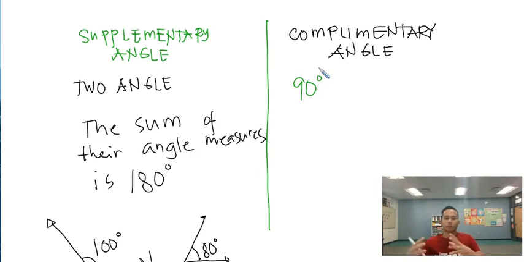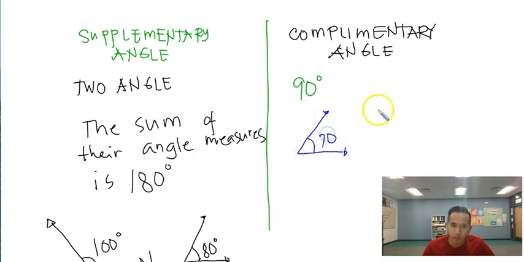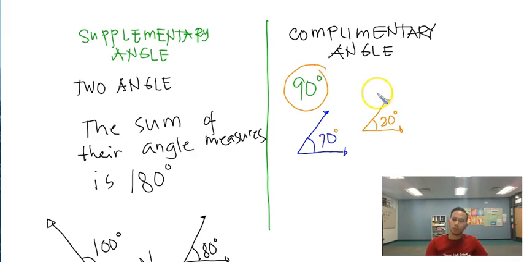For example, if one of the angle measures is, let's say, 70 degrees, and this angle measures, let us say, 20 degrees, sorry, if you add these two, it's equivalent to 90 degrees.